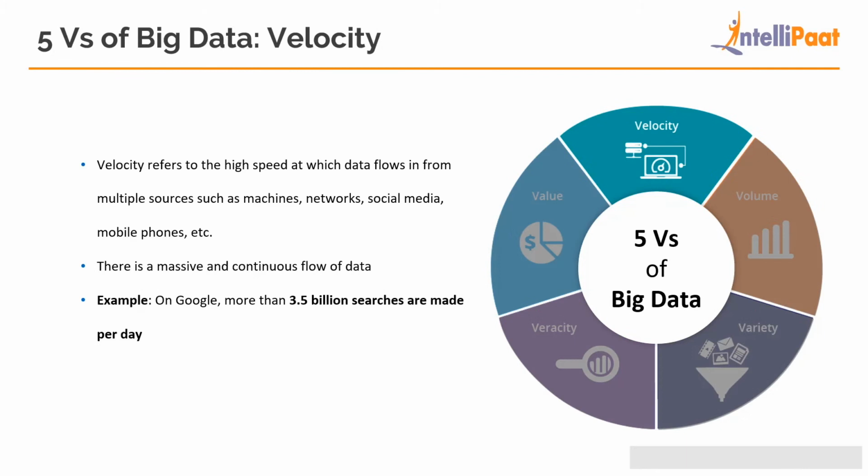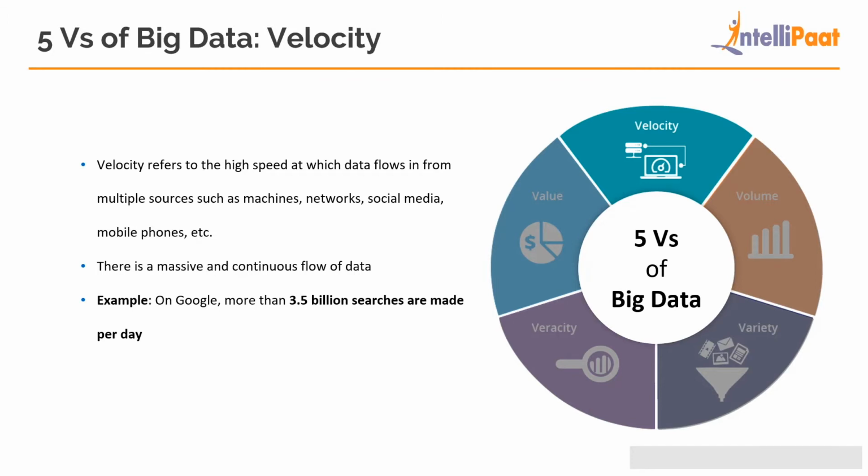First, velocity. I think you know what velocity is. Velocity refers to the high speed at which data flows in from multiple sources such as machines, networks, social media, mobile phones, IoT devices, any kind of devices. So there is a massive and continuous flow of data. For example, on Google, every day there are 3 billion searches made.